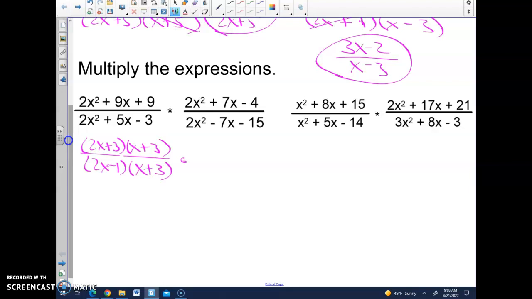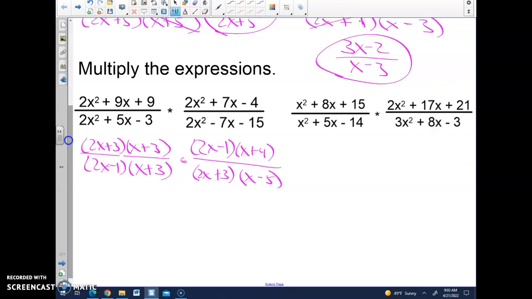Times over here, we're looking at 2x minus 1, x plus 4. And here we're looking at the 2x and the x. Got 15, we're going to say it's going to be a minus 5 and a plus 3.